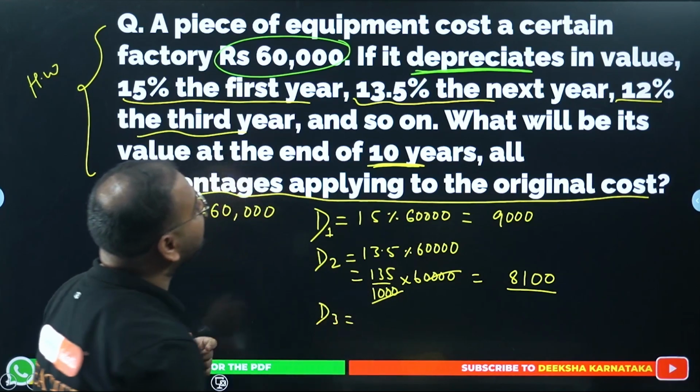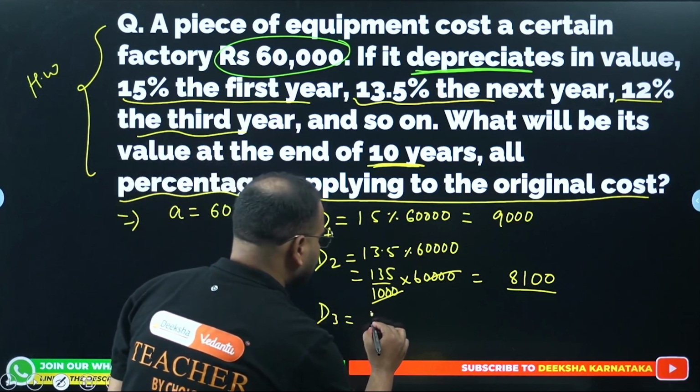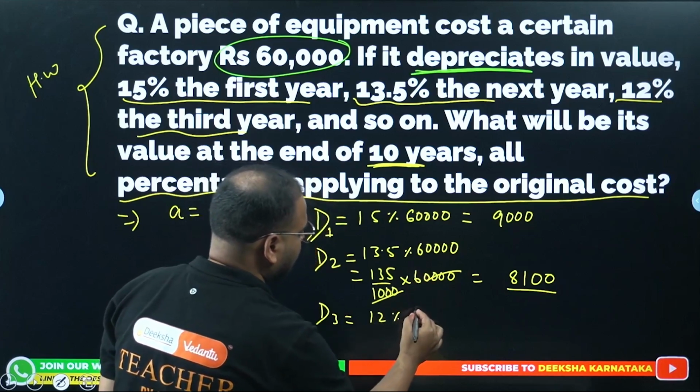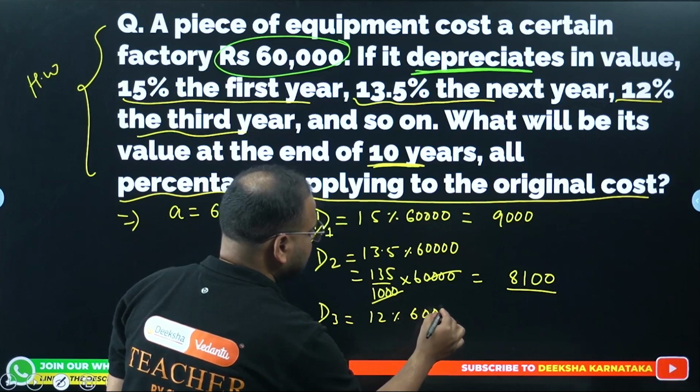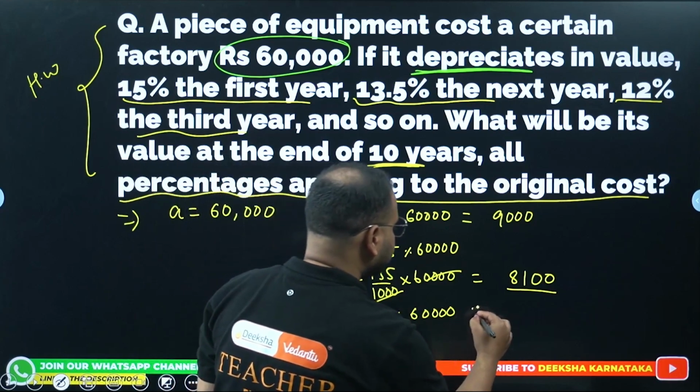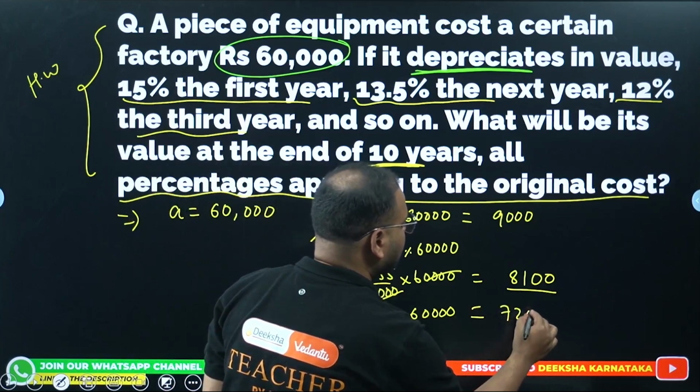If you keep going, you'll get the next depreciation D3 as 12% of 60,000 again, which will be 7,200 rupees.